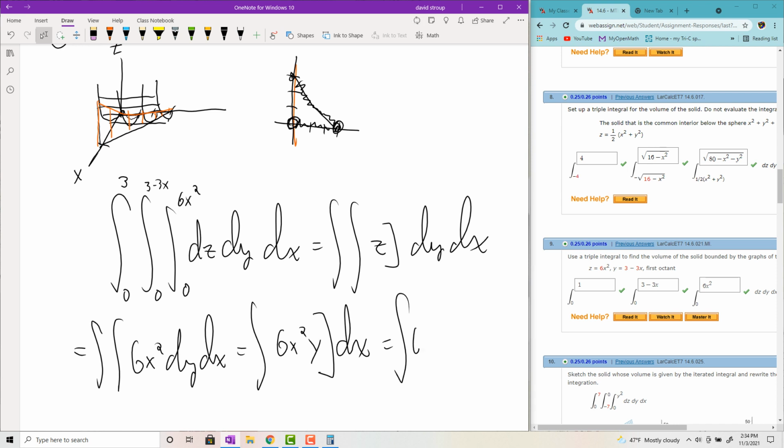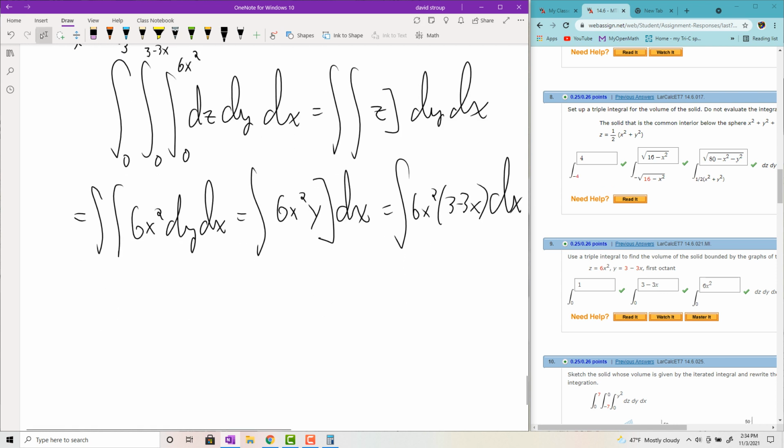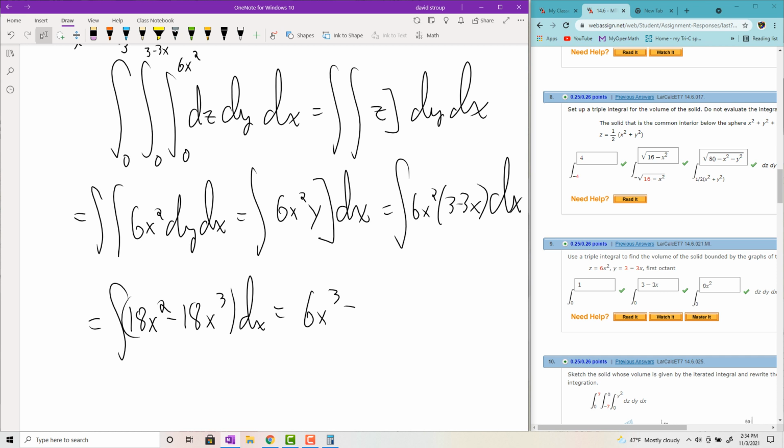That's going to be 6x squared times 3 minus 3x dx, and then minus 0. That's going to be the integral of 18x squared minus 18x cubed dx. It's going to be 6x cubed minus 9 halves x to the 4th from 0 to 3.